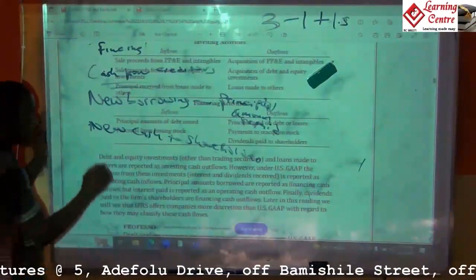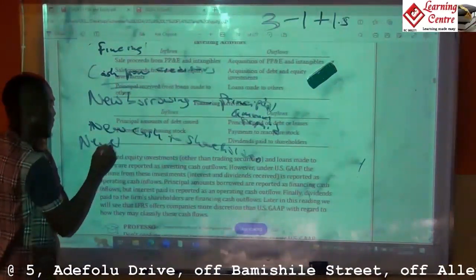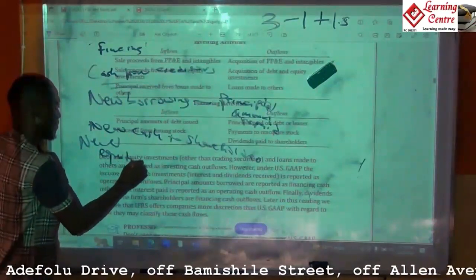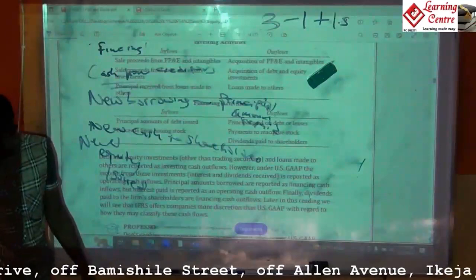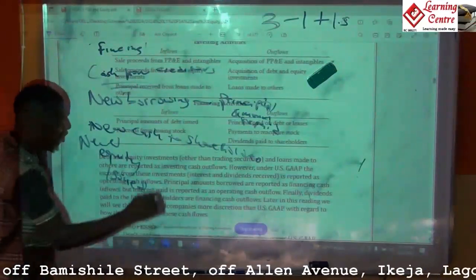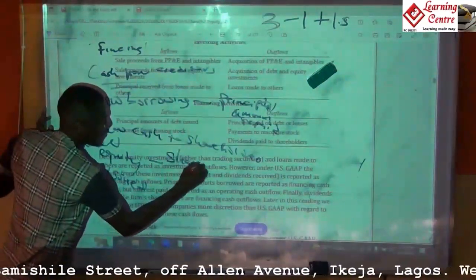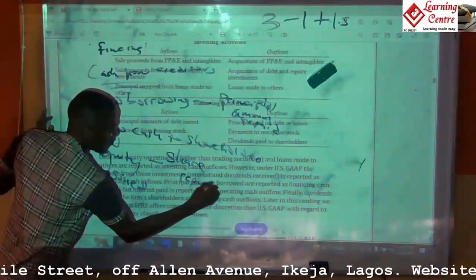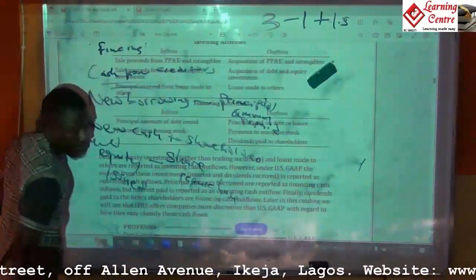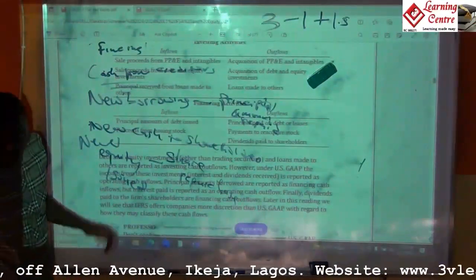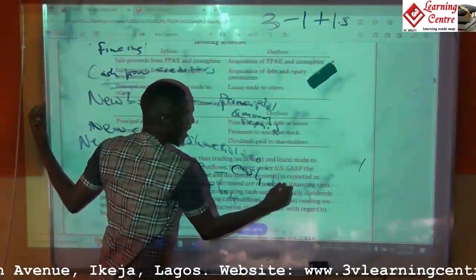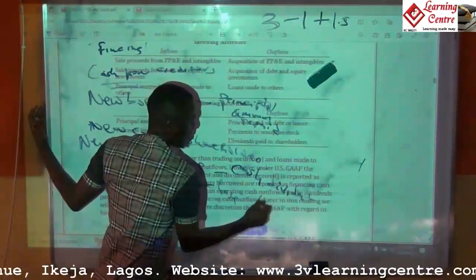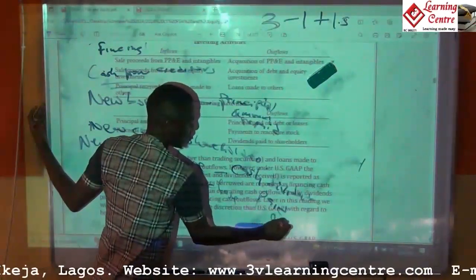It is your new equity issued, minus share repurchase, minus cash dividend paid out.